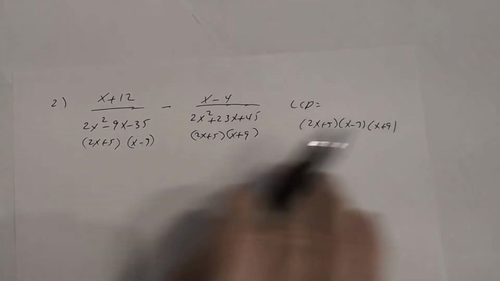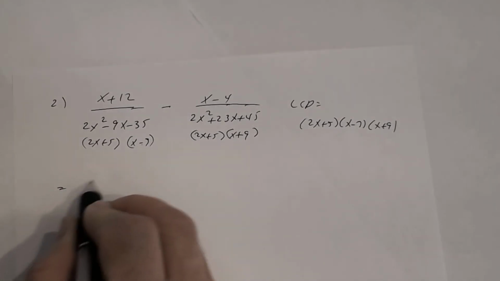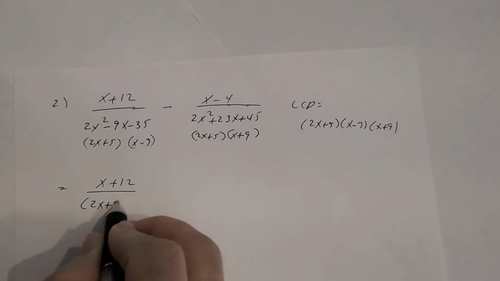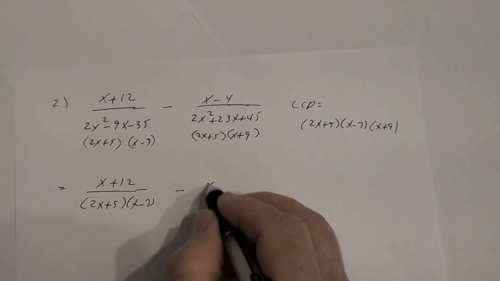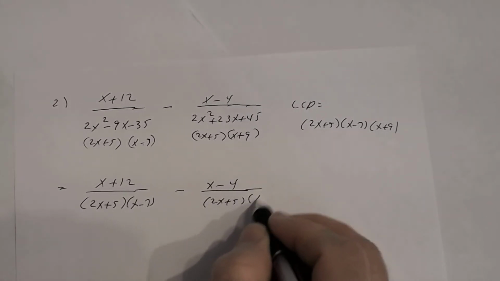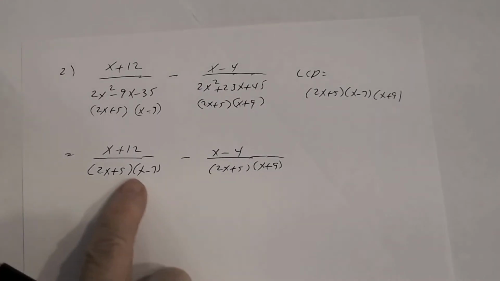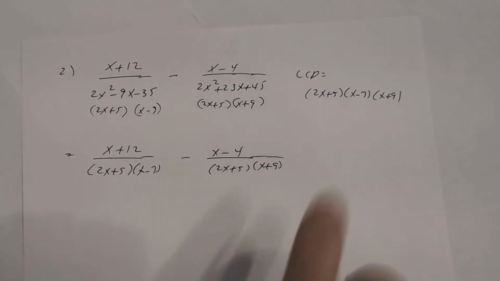But before we do that, let's rewrite this using the factored form. So I get x plus 12 divided by 2x plus 5 times x minus 7, minus, over here, x minus 4 divided by 2x plus 5 times x plus 9. Okay, so again, now we're going to write equivalent fractions for each of these two with that denominator.